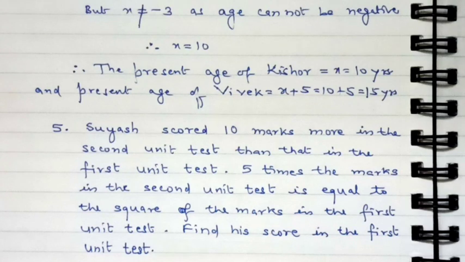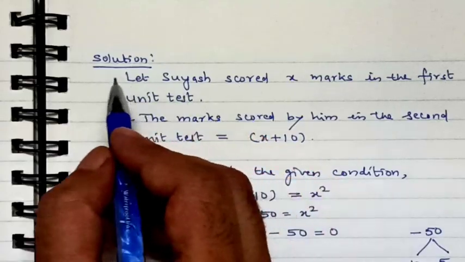In this question we are talking of 2 marks, one in the first unit test and the other in the second unit test. So the question is given, find the score in the first unit test. So it's better to assume that only. So I'll write solution.